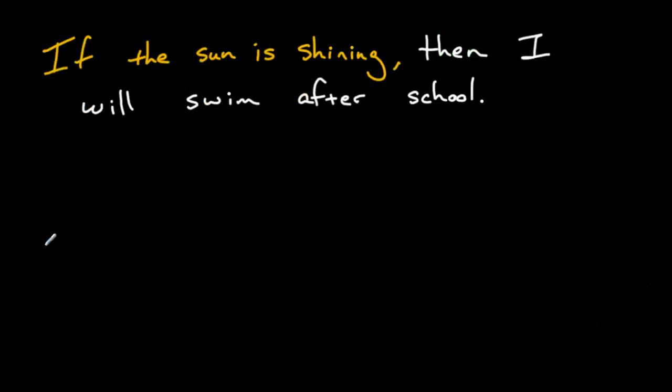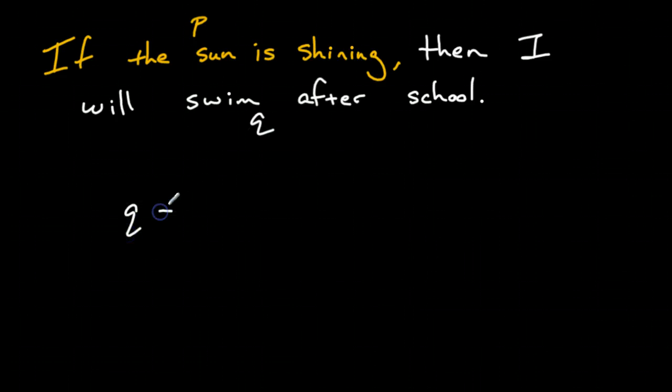So let's look at a little example here. Go back to that one, the sun is shining. If the sun is shining, then I will swim after school. We're going to write the converse of it. So all we're going to do is take the two pieces and switch the order. We're really going to start off with I will swim after school.